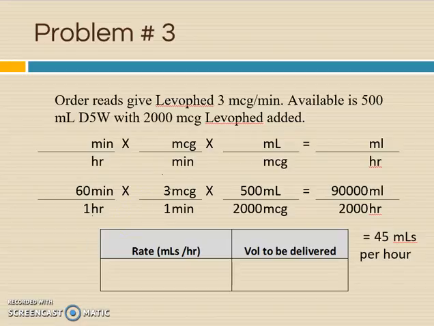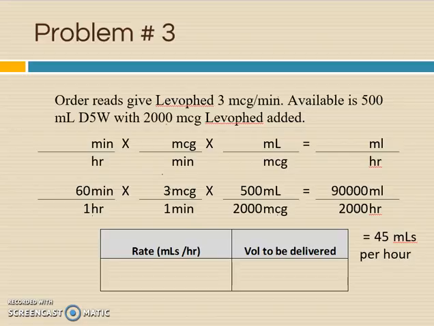So we fill in our numbers. We have 60 minutes in an hour, of course we know that, and 3 micrograms in 1 minute from here, 500 milliliters in 2,000 micrograms. And it ends up being 90,000 milliliters in 2,000 hours, which ends up being 45 mils per hour.